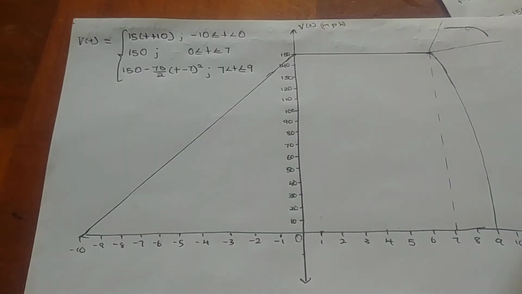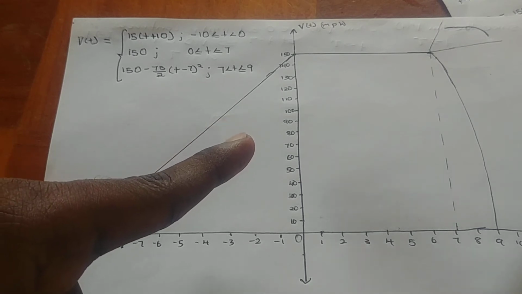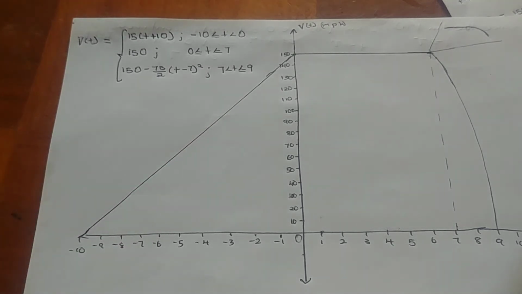Now when you're looking at a graph for differentiability, is it differentiable at a certain point? What you need to look at is, is there any point where you see a sudden change in the gradient? If you see a sudden change in the gradient, automatically it makes it not differentiable.